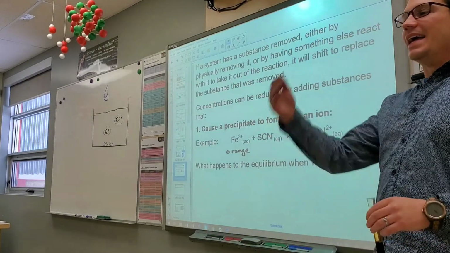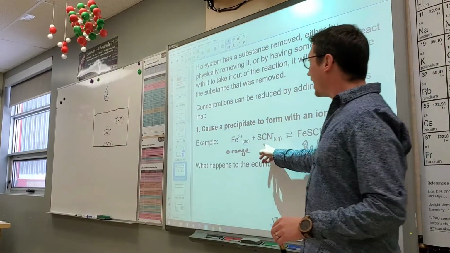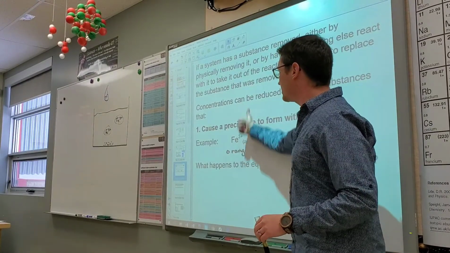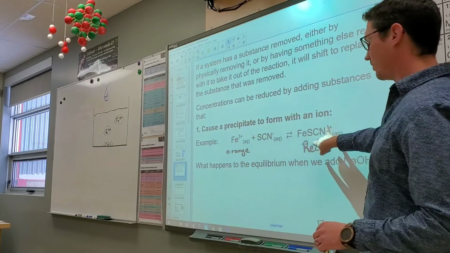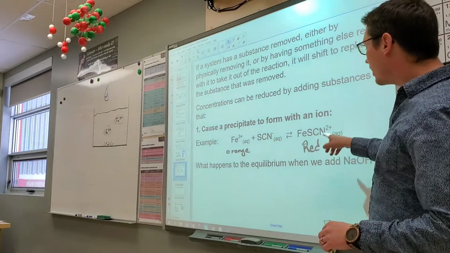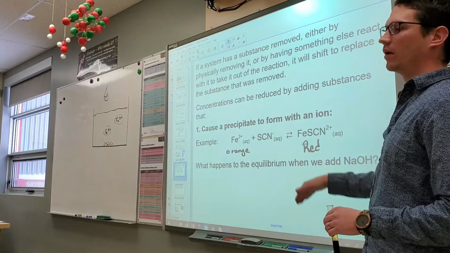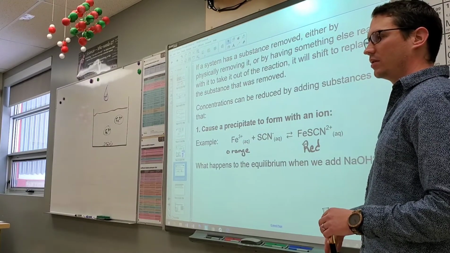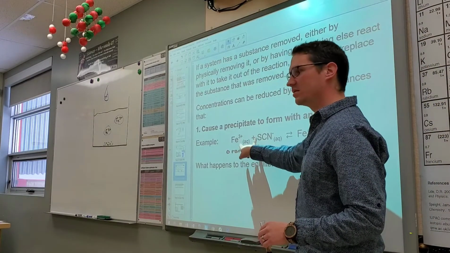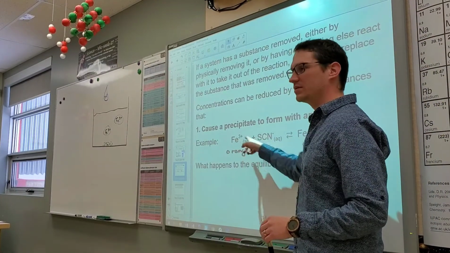Now, if I add any more of this stuff, this stuff's going to increase. It's going to shift to the right, and it's going to make more red color. Okay, how could I make this solution more orange? Instead of adding this, what could I do to one of these two things?